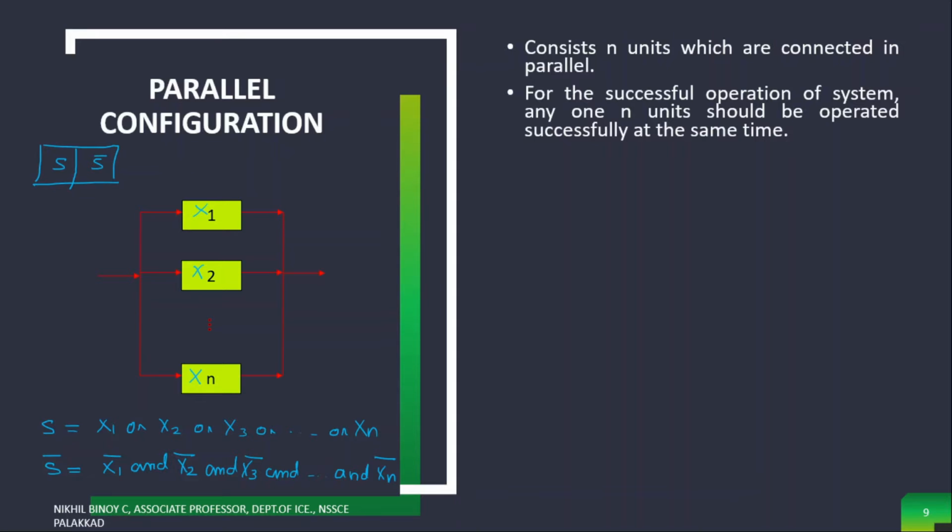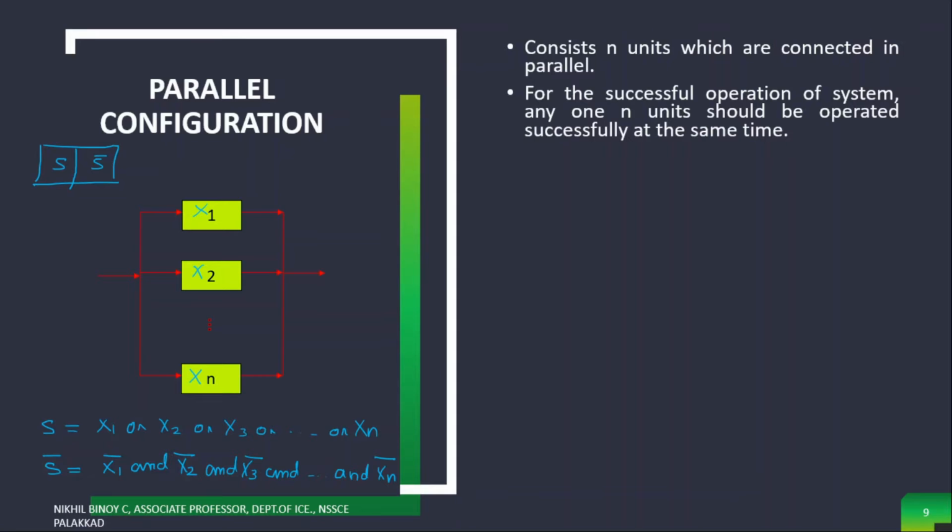So in two different ways we can write this. First, if one component survives, the system will survive. The survival of one component is sufficient for the survival of the system. So the event S is equal to event x1 or event x2 or event x3 or etc. or event xn.